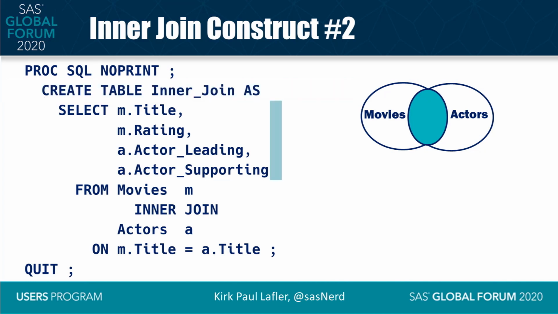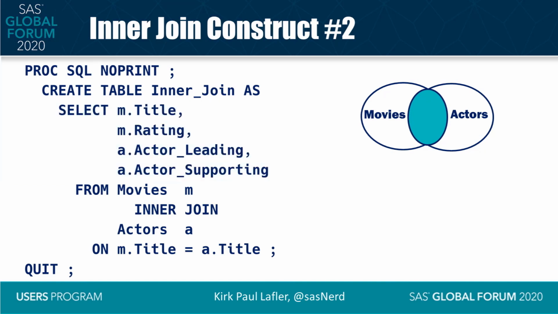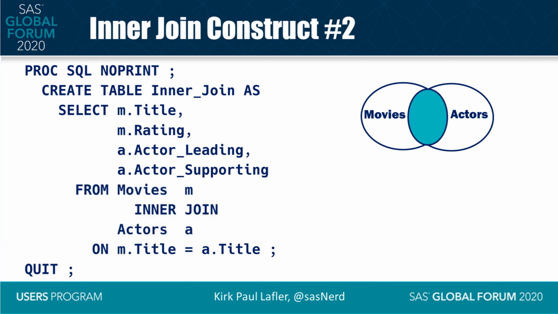But instead of the comma in the from clause separating movies from actors, we're actually going to specifically specify the inner join keyword. Sometimes I like to use the inner join keyword as opposed to the comma because it succinctly specifies the type of join.